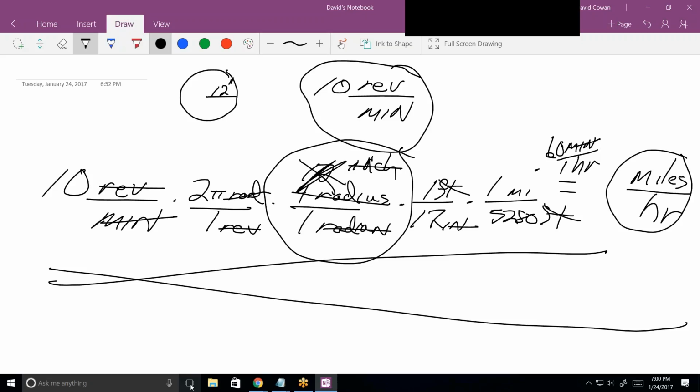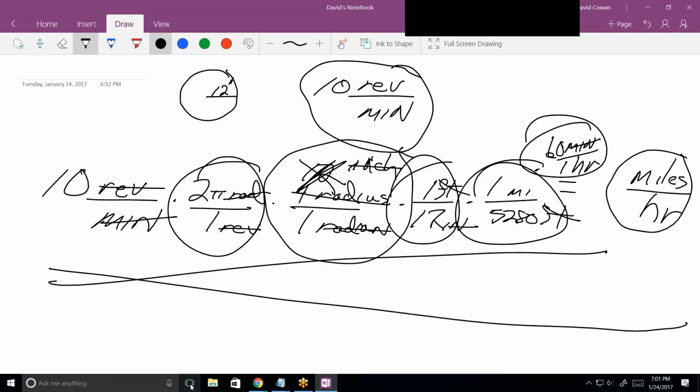And if they give you some other, right now they've given us 2 variables, well, maybe they'll give you revolutions per minute and miles per hour and ask you to solve, well, the only thing to really solve for is radius. That's why in all of those other problems you were solving for radius, because we're never solving for this or this or this or that. Those are all conversion factors. Maybe they'll give you the radius and miles per hour and they want to know what the angular speed is.